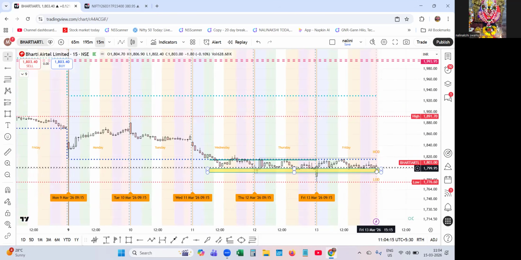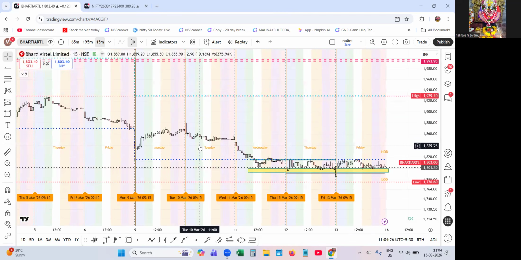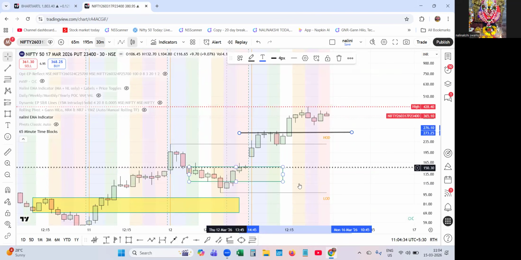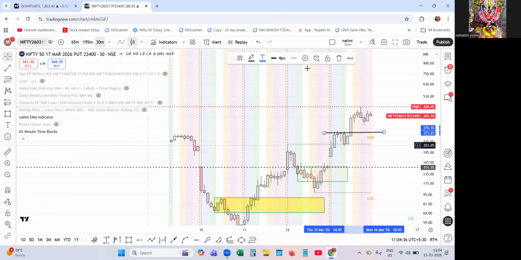Only if the price breaches this level, the Bharti Airtel can go down, and if it breaches to the high side, it can cross all these boundaries. So, like that, you can keep stocks in your watch list. And I've already shown in the Nifty how you can go short and long with the weekly template.